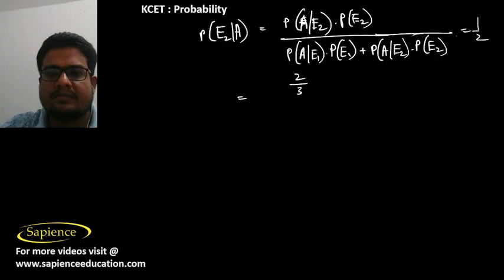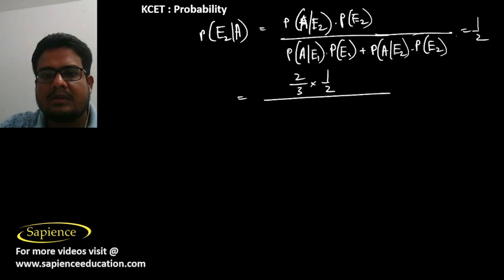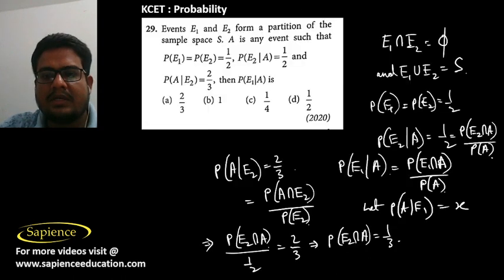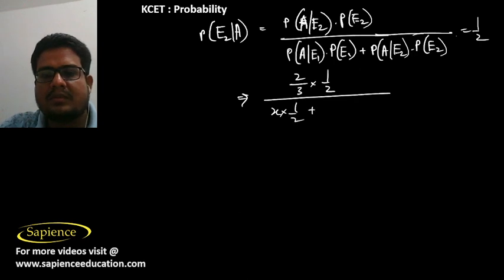Then this is 2 by 3 into P of E2, that is half, divided by P of A given E1, that is x into half, plus P of A given E2, that is 2 by 3 into half, and that is equal to half.